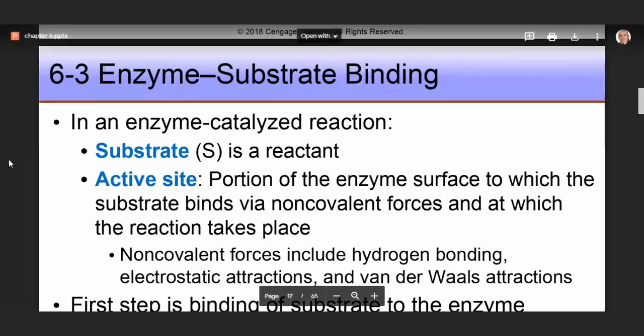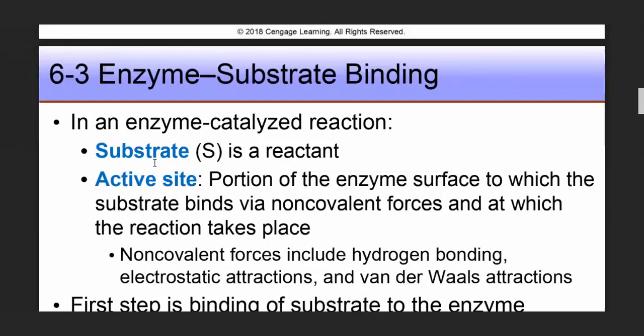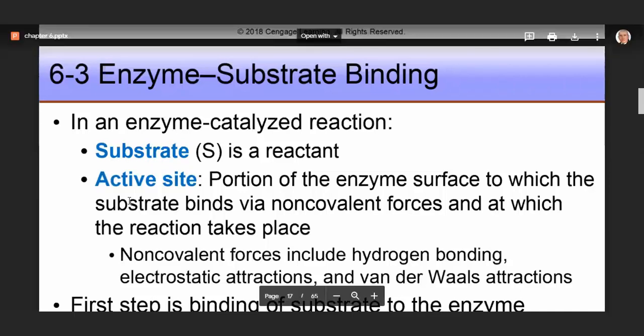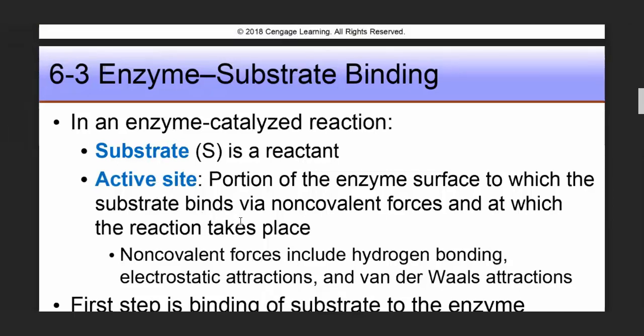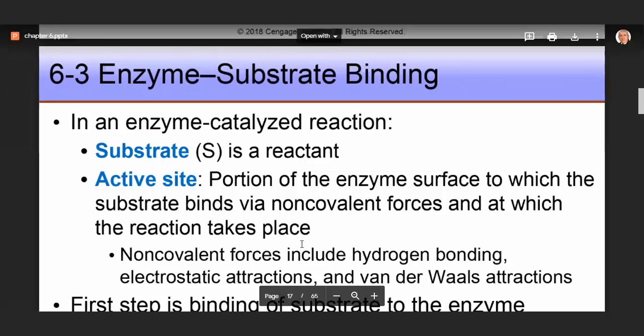Here is the substrate, S, the reactant, and it binds to a portion of the enzyme surface called the active site. This binding is via non-covalent forces, the ones we talked about previously: hydrophobic, electrostatic, and hydrogen bonding.